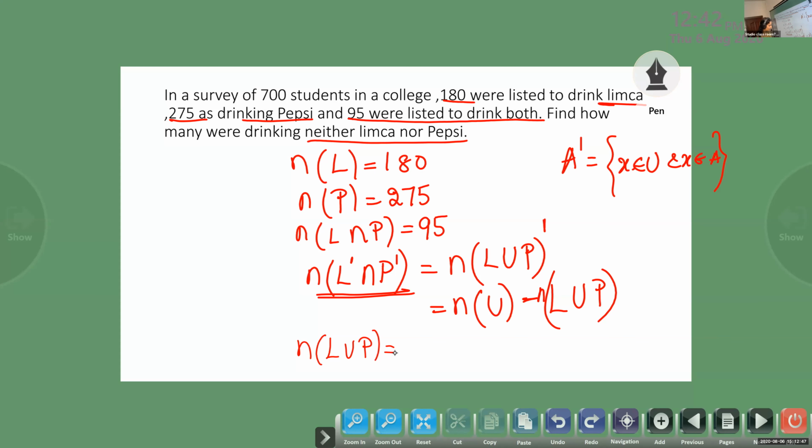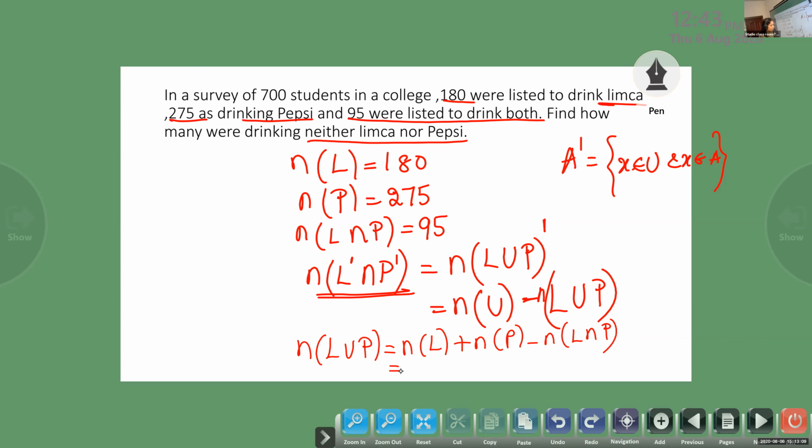Give the formula. You can write the steps and proceed. For the exam, writing the steps is important. You will be calculating this easily, but the steps are important. N of L plus N of P minus N of L intersection P.